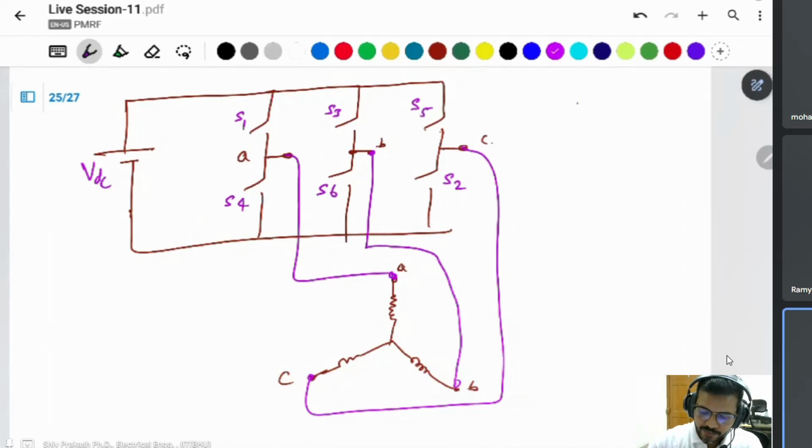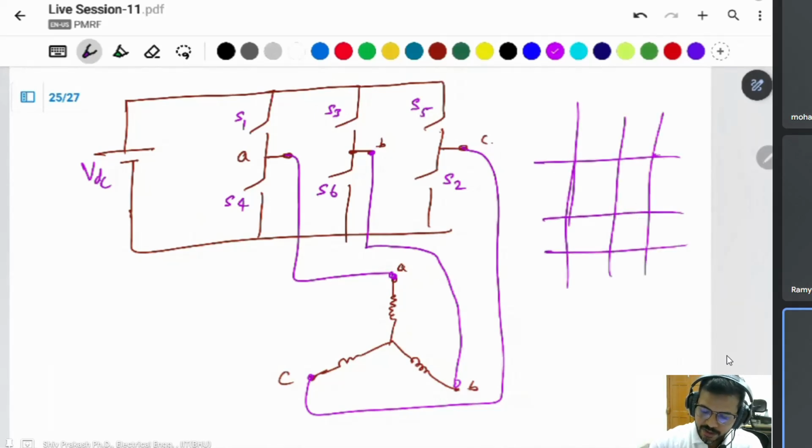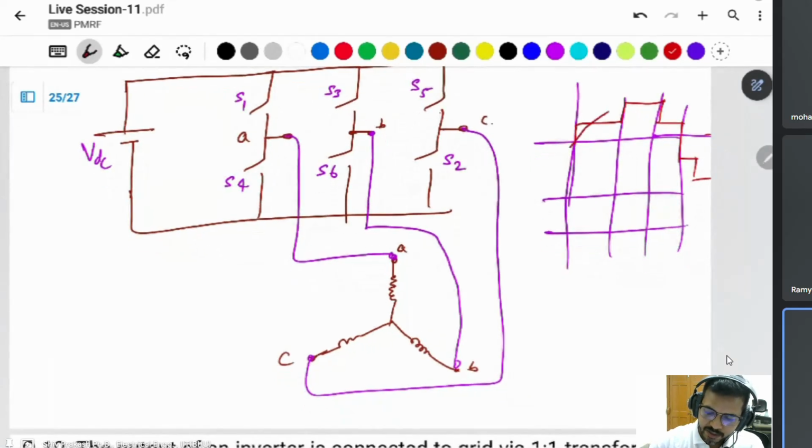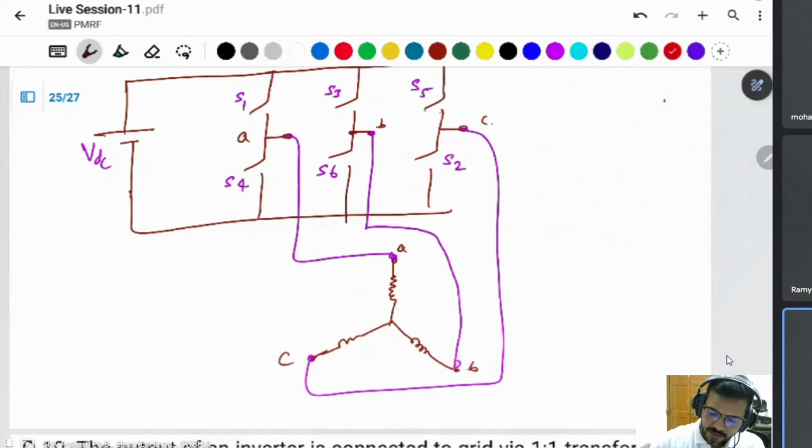It means you can't directly get AC by using this circuit, but you can convert this to an AC system by using a filter.